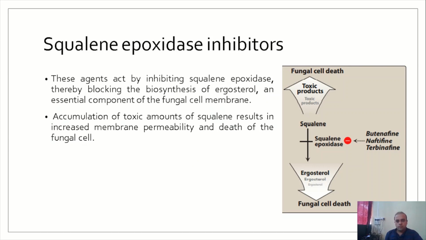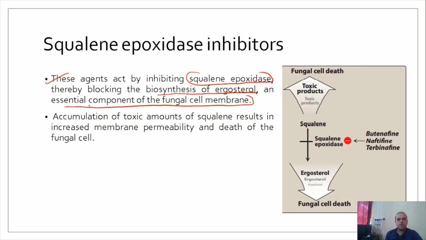The first drugs that can be used in treatment of cutaneous mycosis are the squalene epoxidase inhibitors. These agents act by inhibiting an enzyme, squalene epoxidase, and thereby block the biosynthesis of ergosterol, which is an essential component of the fungal cell membrane.